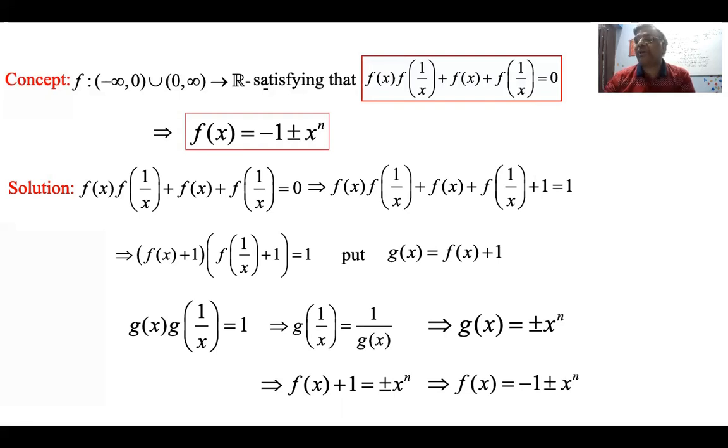So when the above condition is given, we are supposed to remember that the function must be of the form minus 1 plus or minus x to the power n blindly. So this is exactly the concept. By making use of this, we will solve some of the problems given earlier. All right. So let us solve some of the problems for practice purposes.